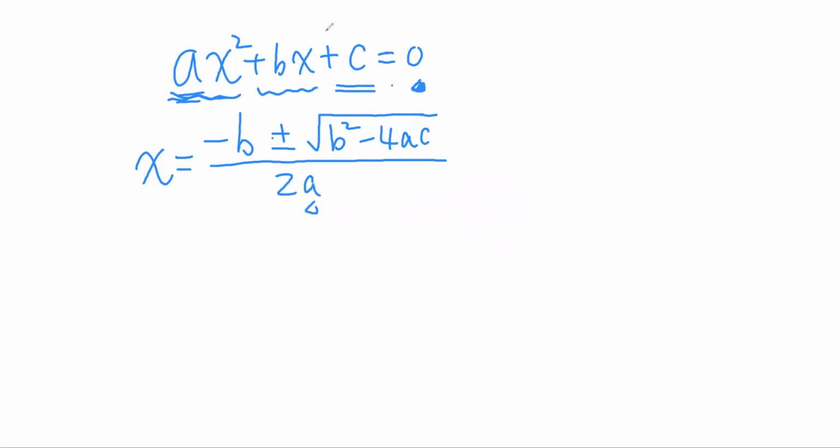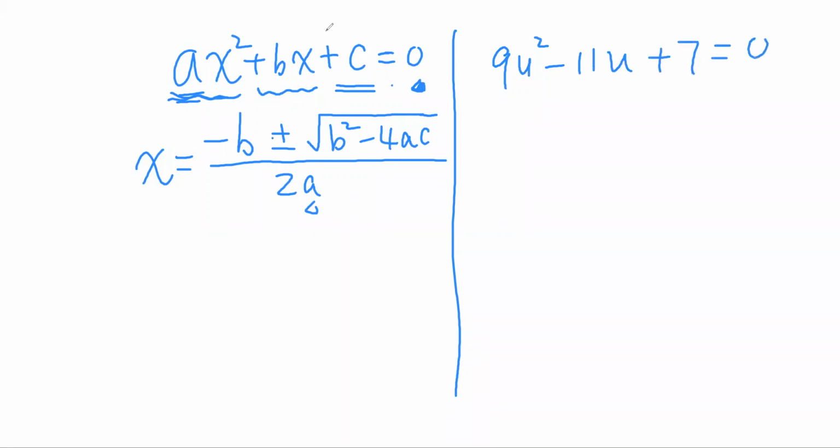All right. Let me have some examples here. Let's go back to see what we were doing earlier. Right now I suspect I'm doing something wrong, but let's see. What's a? a equals 9. b equals negative 11. c equals 7.